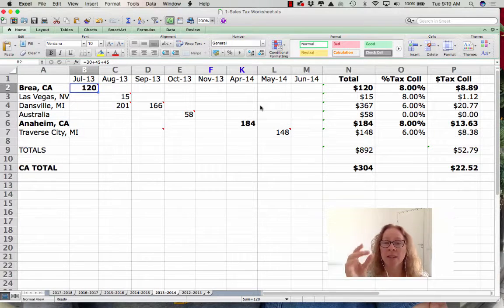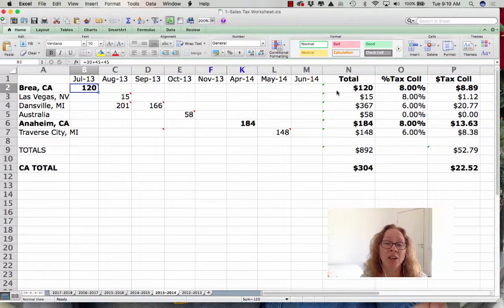Now in California, the sales tax rate is different in each city. It may be the same, but it can be different. So for instance, in this tax year, 2013 through 2014, you can see that both of the places that I sold books at in California just happened to have the same tax rate at that time, Brea and Anaheim both had an 8% tax.